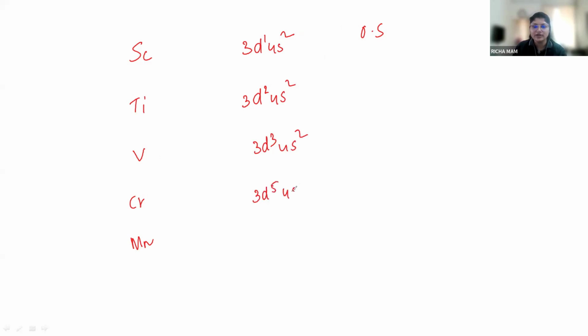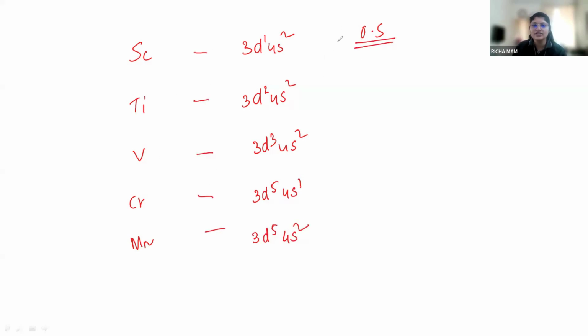Scandium we saw as 3d1 4s2. Then 3d2 4s2, then 3d3 4s2, then 3d5 4s1, then 3d5 4s2.